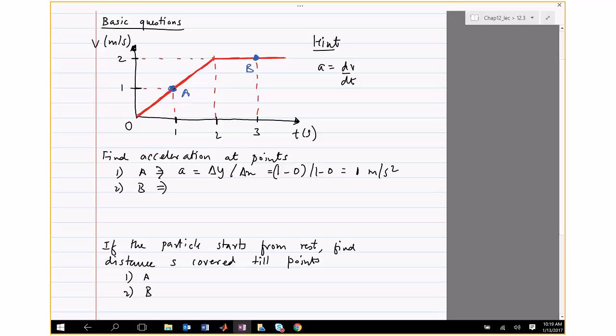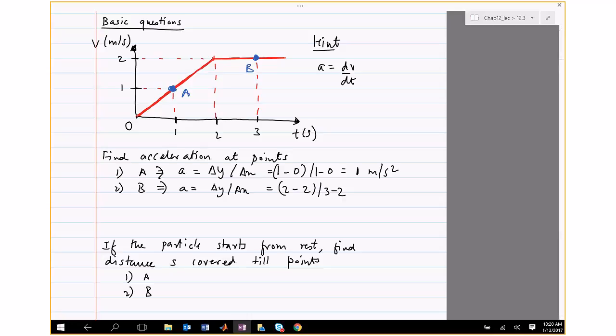It's 0. Okay, let's see if that's what we get. So dy over dx. Again, you've got to find 2 points. In this case I don't know anything about the point to the right of B, but I know the y-ordinate here and I know the y-ordinate of that, so that's going to be 2 minus 2 divided by 3 minus 2, right?